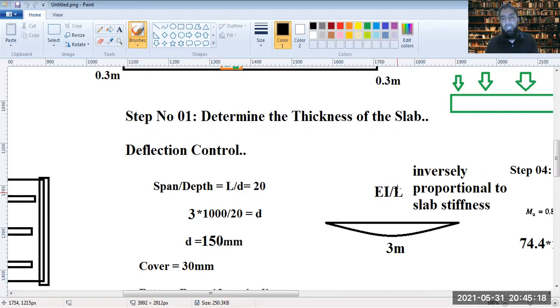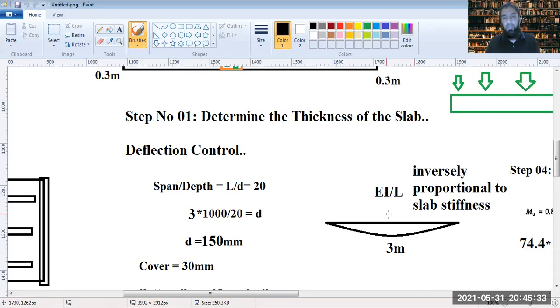Deflection is inversely proportional to the stiffness of the slab or any other structural element, and directly proportional to the span. So there will be more deflection when there is more span.